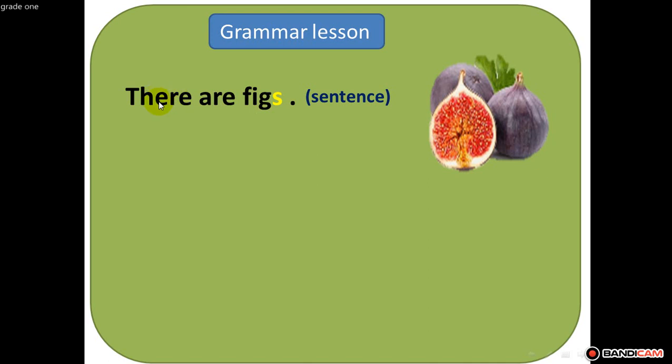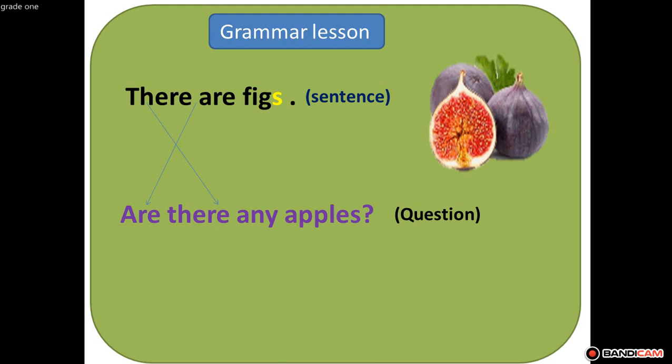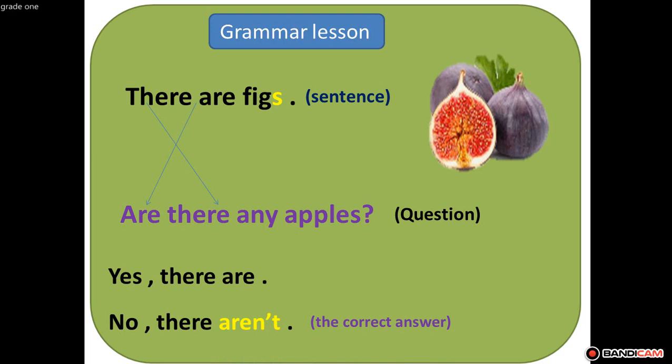I have to say there are figs, not there is, because there are more than one. If I'm going to make it a question, I have to say, are there any apples? I have to answer with yes or no. Yes, there are. If the answer is no, I say no, there aren't.